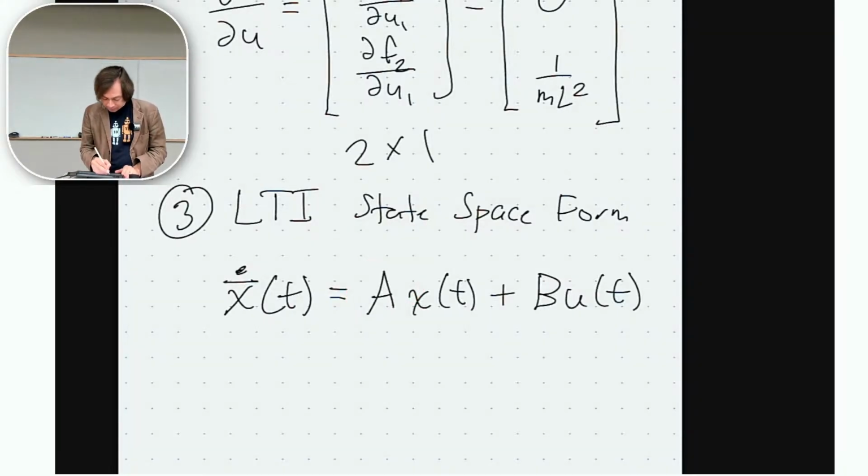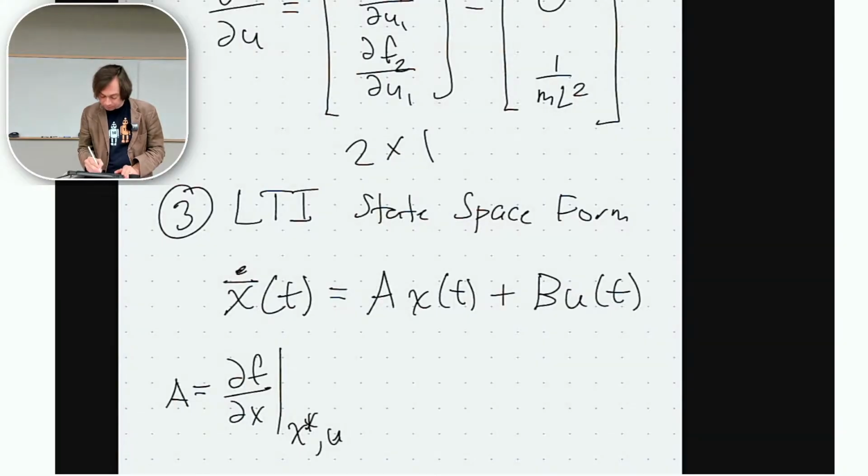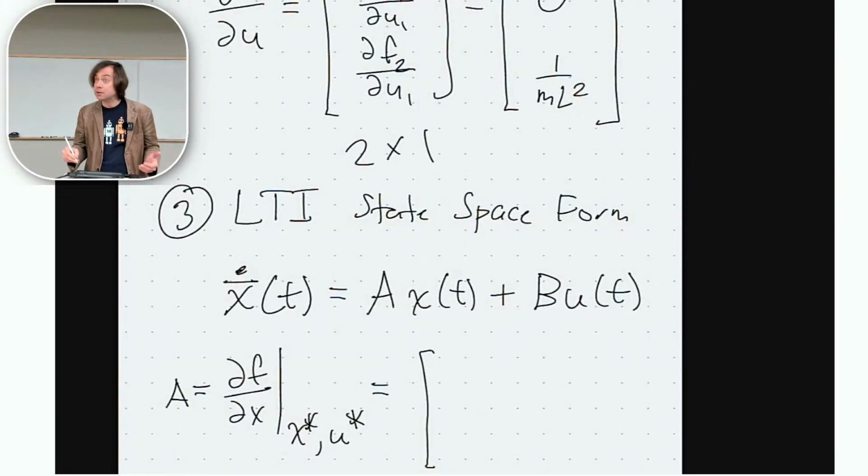The A matrix is partial f, partial x at our fixed point x star and u star. That's a little asterisk, believe it or not. So A is that 2 by 2 matrix, but we put in our fixed point. So I'm going to scroll back up to my fixed point.